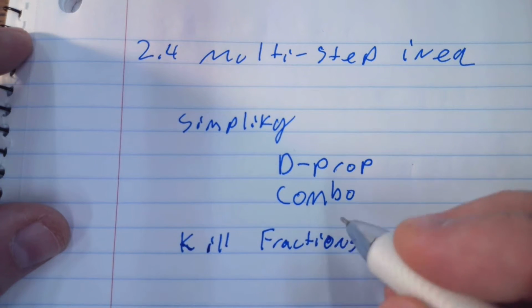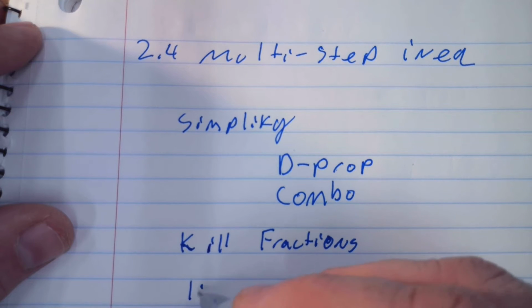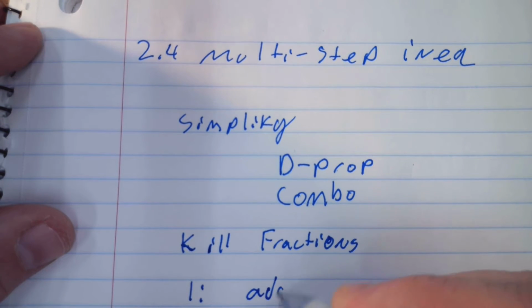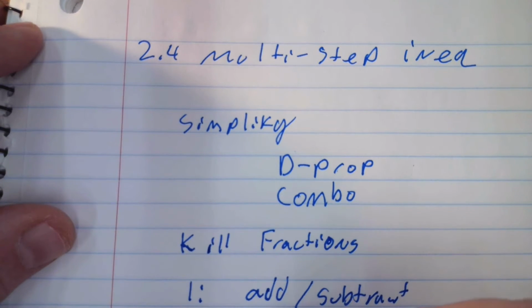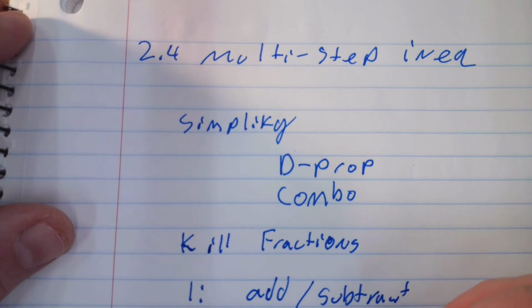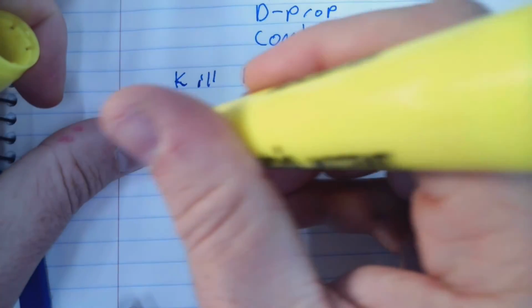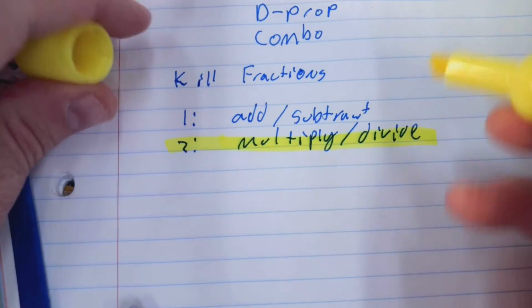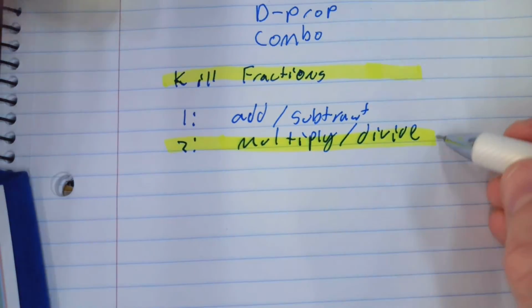So that's what we do. Kill fractions. Then we're going to do step 1, which is add, subtract, and step 2, which is multiply, divide. Of course, this is pretty much the only step, and potentially this step, but usually it's just this step.